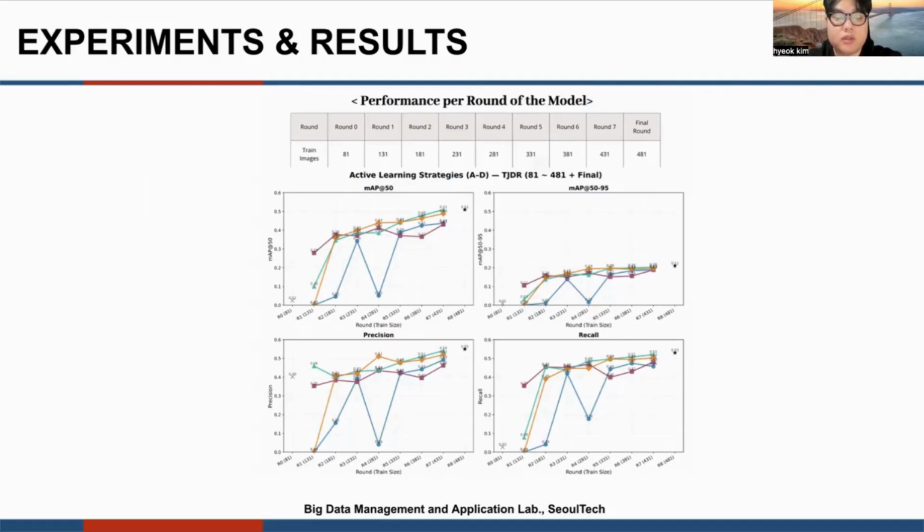In our real service pipeline, we dynamically adjust the strategy. In the early stages we use random sampling, in the middle stages we use Monte Carlo dropout, and finally in the later stages we use the resource efficient hybrid strategy.